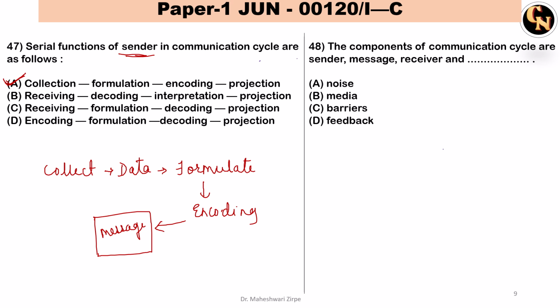And what is the last thing? You require media also to send this. Correct? Without media we cannot send the message. So the correct option is media; media is also one of the components of the communication cycle.